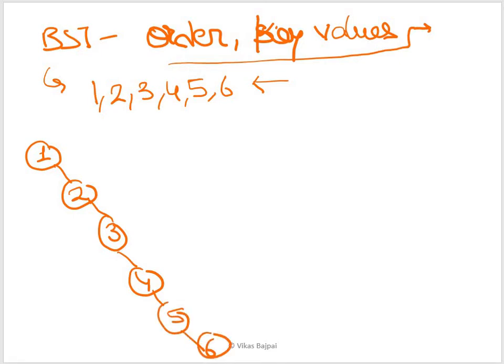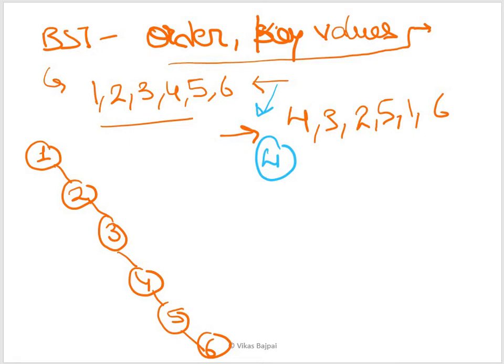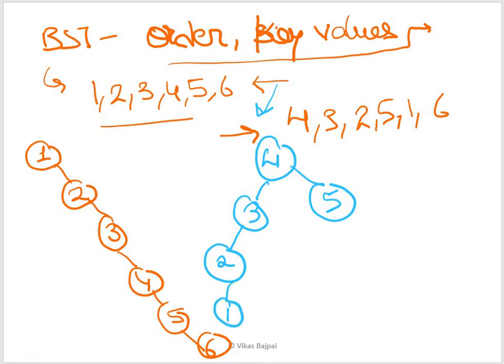Whereas if suppose I bring some changes, let me bring some random changes 4, 3, 2, 5, 1 and 6. Same set of key values, but yet a changed order, that would result into, let's say 4 comes here, now 3 will come here, 2 will come here, and then 5 comes here, and then 1 comes here, and then 6 comes here.